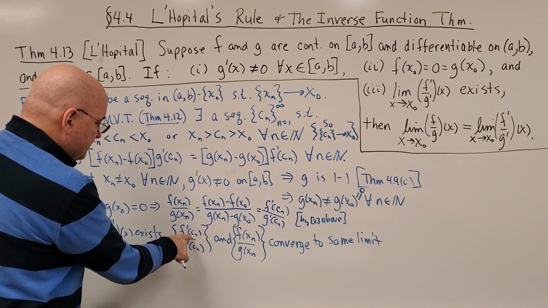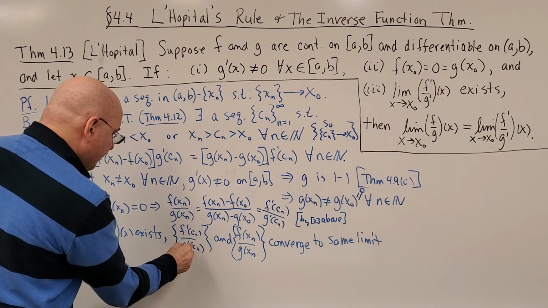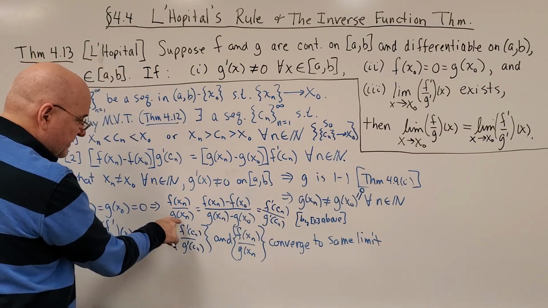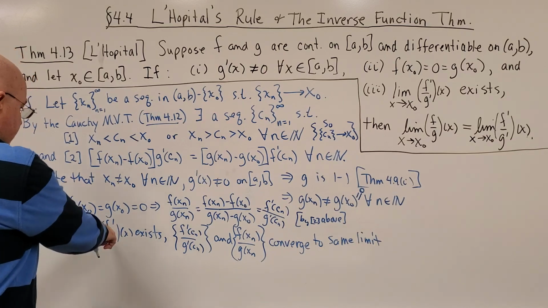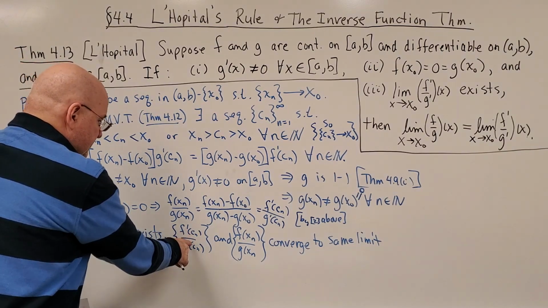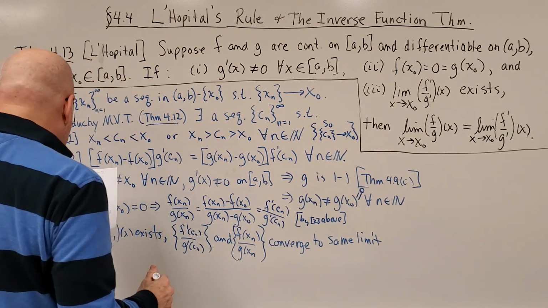F prime of Cn over g prime of Cn is right here, and that's equal to f of xn over g of xn. Because this is differentiable, this limit converges. If this limit converges and this is equal to it, then it converges as well.